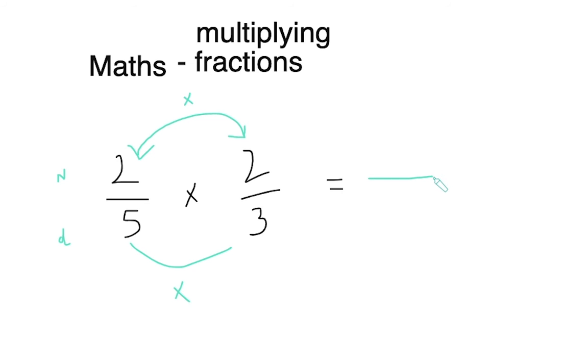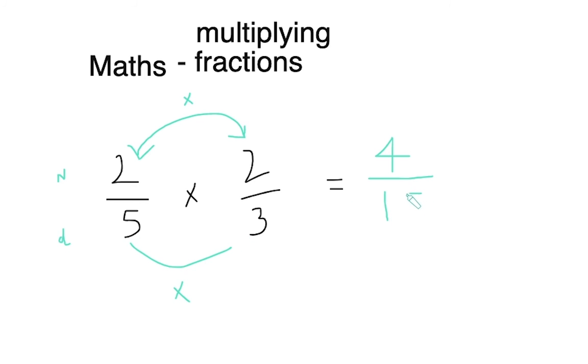So we draw our line, and all we do is times our two numerators, our two top numbers. 2 times 2 equals what? 2 times 2 equals 4. Well done. Then we look at our denominators, 5 and 3, and we multiply them. 5 times 3 equals what number?